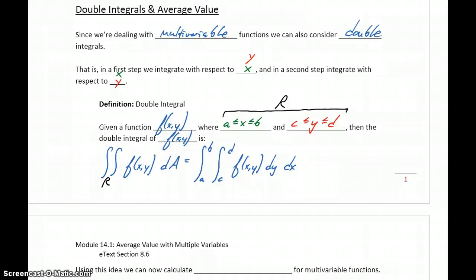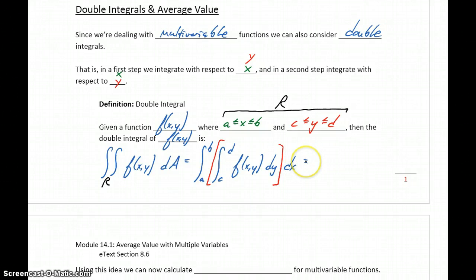Even though we don't always write these brackets in, think of a set of parentheses around this interior integral. Going back to basic algebra order of operations, we work what's inside the parentheses first. So the first thing we'll do is completely evaluate this integral, come up with some result, and then complete this second definite integral that's now with respect to x.